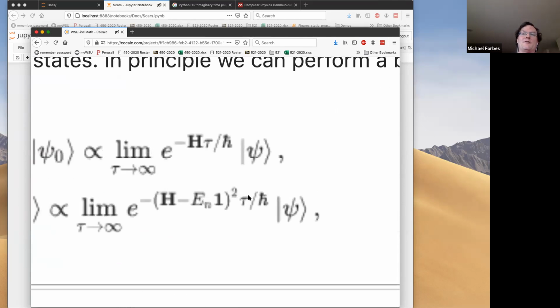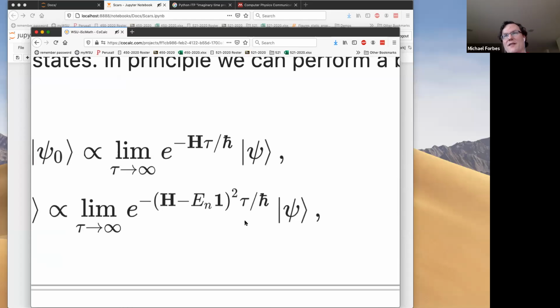So if you take the Hamiltonian, now I don't know, I've actually just made this up myself. I don't know if this is a good procedure or not, but it kind of works, so I'm doing it. So what I'm doing is taking the Hamiltonian, subtracting off the energy that I want, and squaring it. Okay, so whatever state is close to the energy that you choose, that'll be the new ground state.